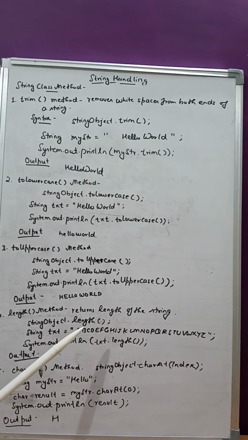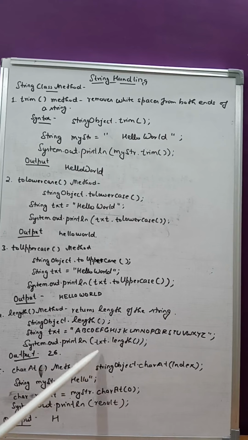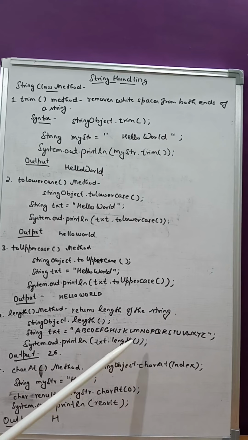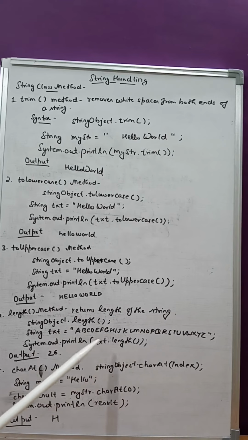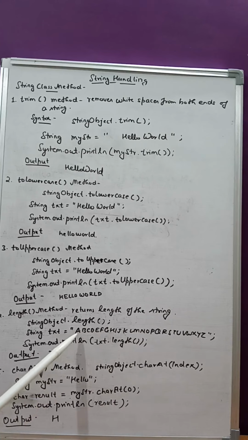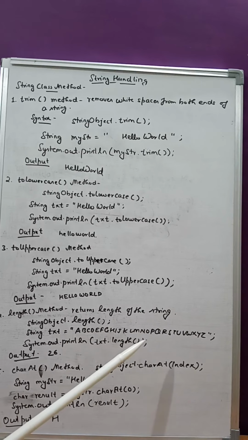You already know the number of characters in the English alphabet is 26. So if we write txt.length, it will count the number of characters, and the count will be equal to 26.